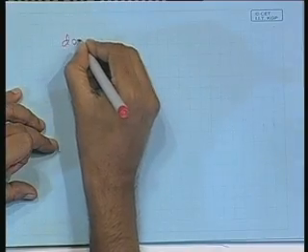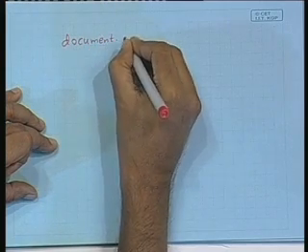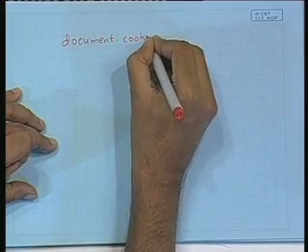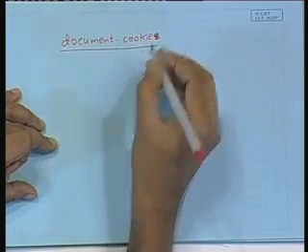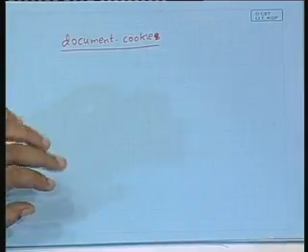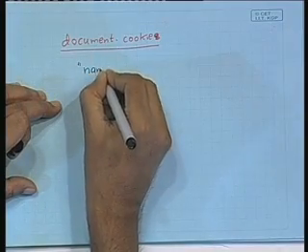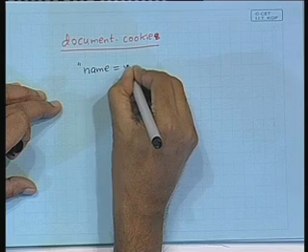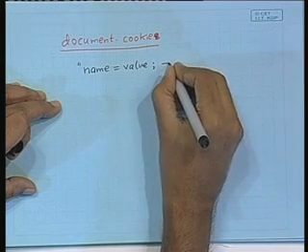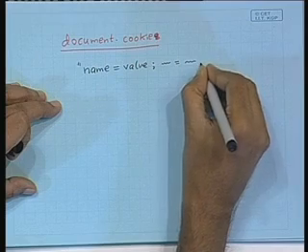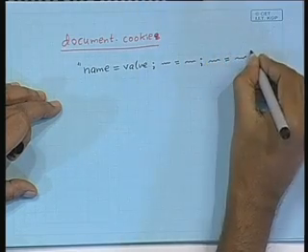Suppose you access document dot cookie. Actually what you get is a string which will consist of name value pairs, name equal to value semicolon, some other name equal to some other value semicolon, some other name equal to some other value. In this way it will continue.